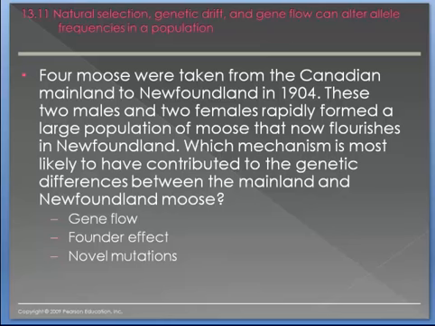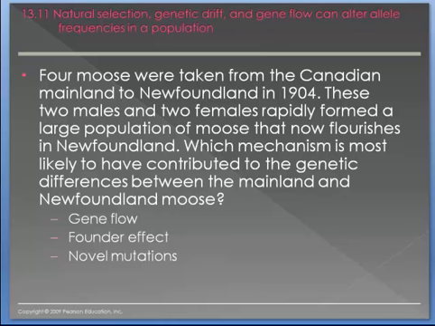Another test for the mechanisms of microevolution that I have for you is, 4 moose were taken from the Canadian mainland to Newfoundland in 1904. These 2 males and 2 females rapidly formed a large population of moose that now flourishes in Newfoundland.